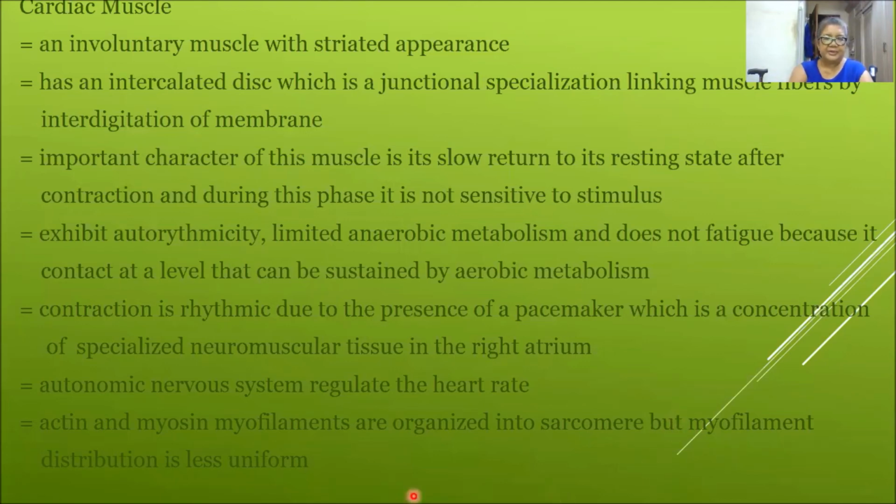Now we will take up each of these muscles. You have your cardiac muscle. This is an involuntary muscle which has a striated appearance. And it has an intercalated disc, which is a special feature of this muscle, a junctional specialization linking muscle fibers by interdigitation of the membrane.